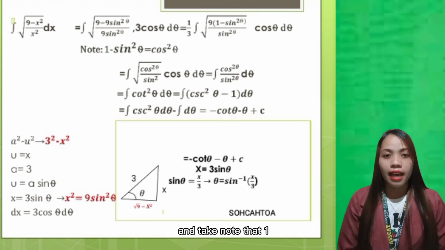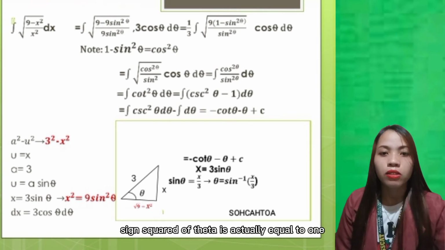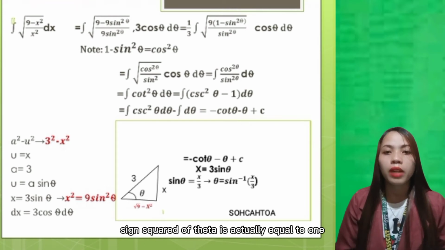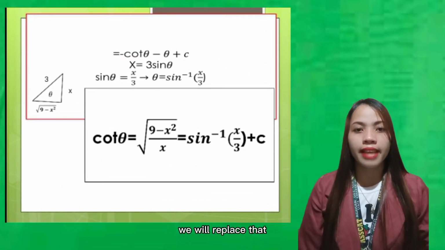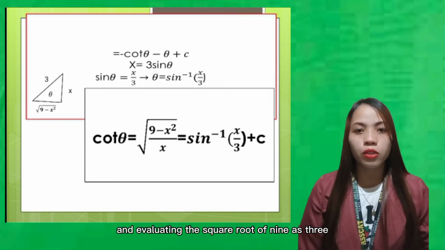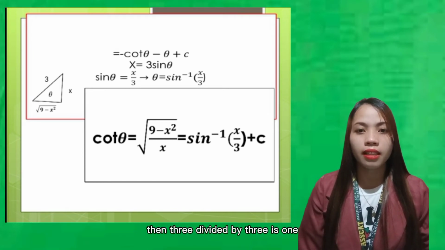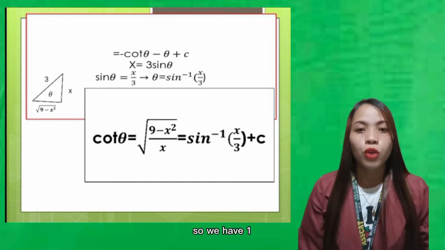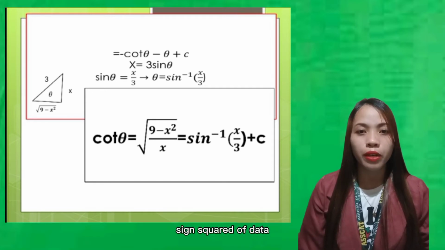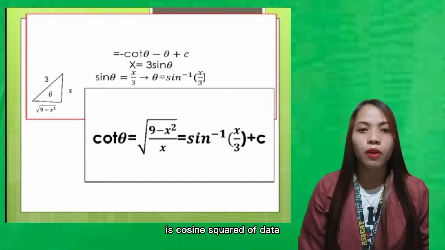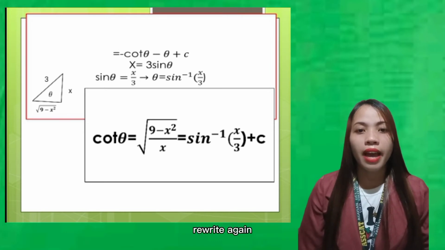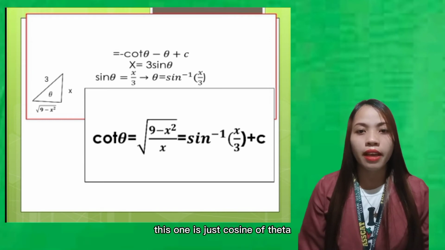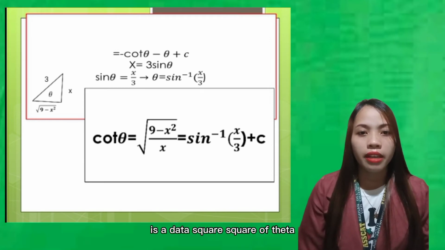Take note that 1 minus sine squared of theta is actually equal to cosine squared of theta. We will replace that, and evaluating the square root of 9 as 3, then 3 divided by 3 is 1. So we have cosine squared of theta, which is the square root, giving cosine of theta, over sine squared of theta, times cosine of theta d theta.